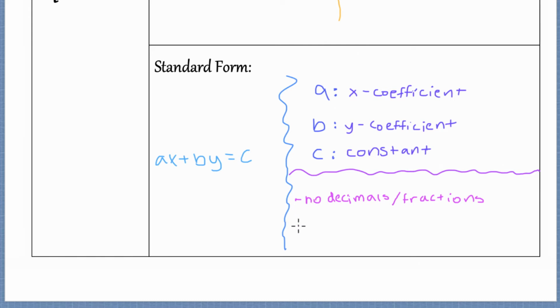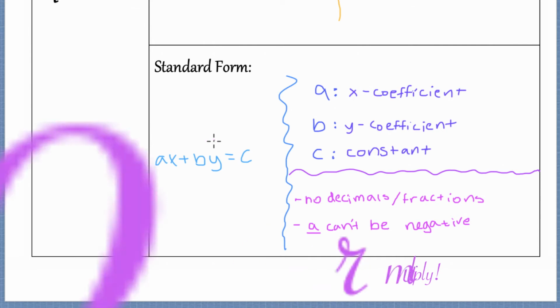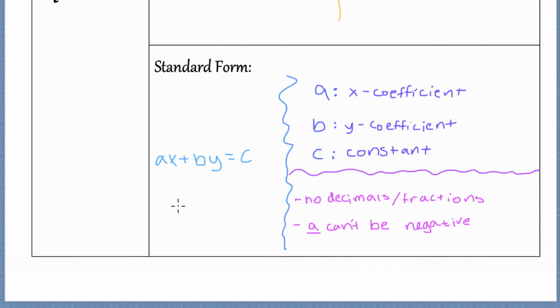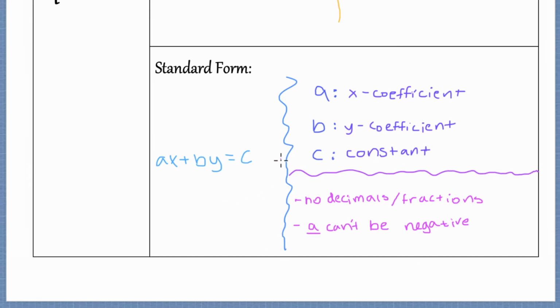The second rule is that a can't be negative. If you ever come across a standard form equation and a happens to be negative, all you have to do is divide it by -1 so that a is not negative anymore. b and c can be negative, it's just that a cannot be negative. Those are the two rules in standard form.